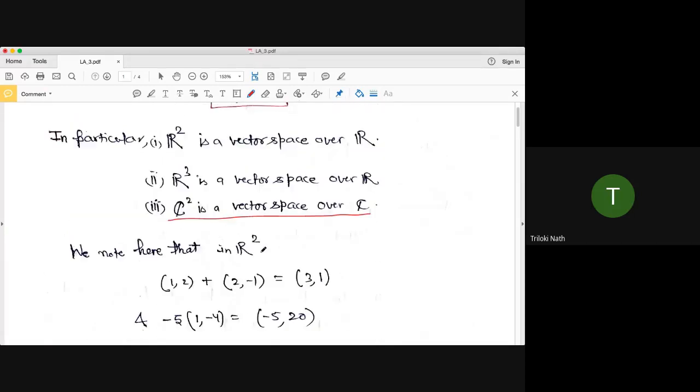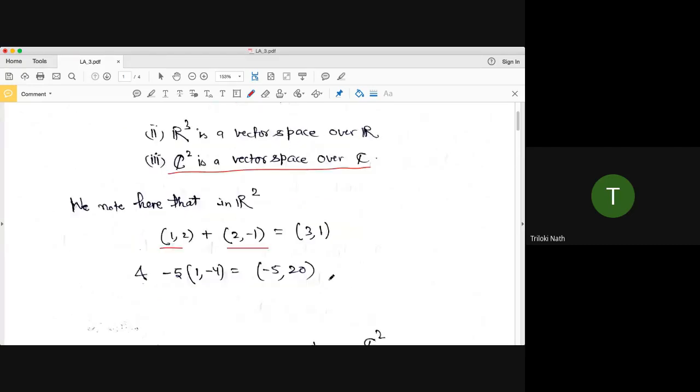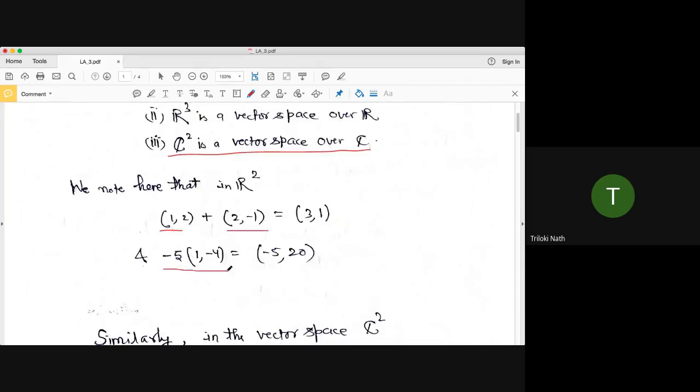Note that in R^2, if (1, 2) and (2, -1) are two vectors, the sum rule is to add the first coordinate to the first coordinate and the second to the second. Similarly, scalar multiplication means -5 multiplied by the vector (1, -4) means multiplying -5 to the first coordinate and then to the second coordinate.